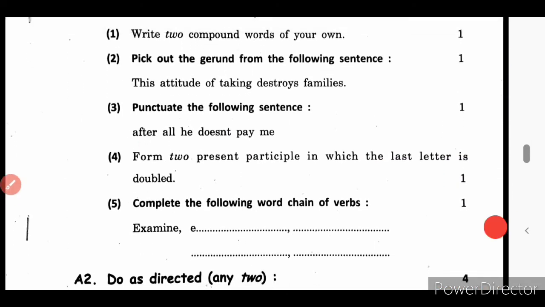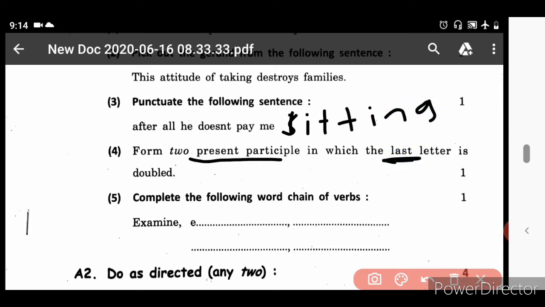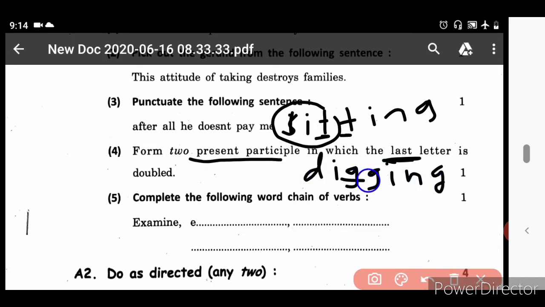Form two present participles in English with the last letter doubled. Present participle means, for example, sitting. You have to write words in which the last letter is doubled. Here the last letter T is doubled while writing the present participle. You can also write digging, where G is doubled.